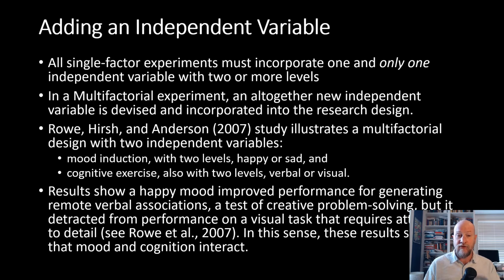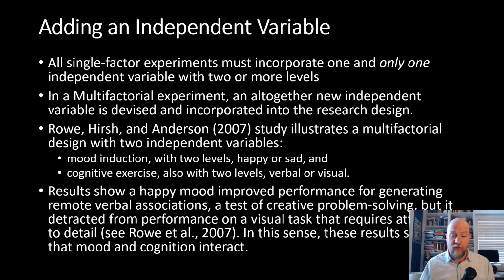If you were in a happy mood, you did better at verbal tasks. But if you tried to perform a visual task and you were happy, you actually did worse. It was really interesting. And they saw that there was actually this interaction between the mood and what type of thinking you were doing, what type of cognitive task you were engaging with. So it's just a way to look at the combination of two.